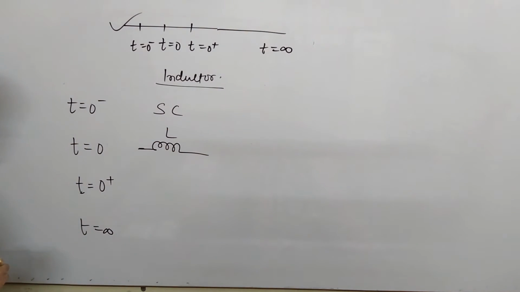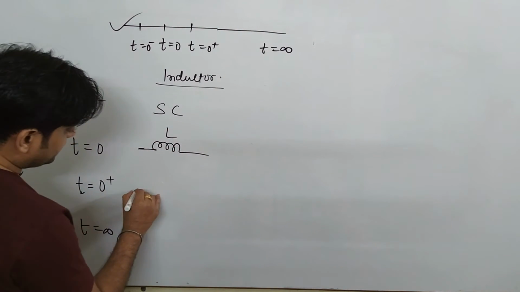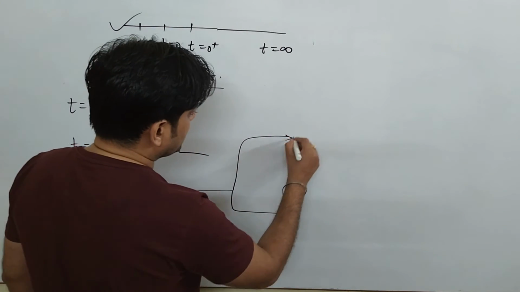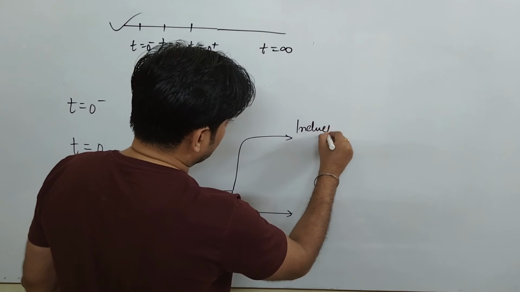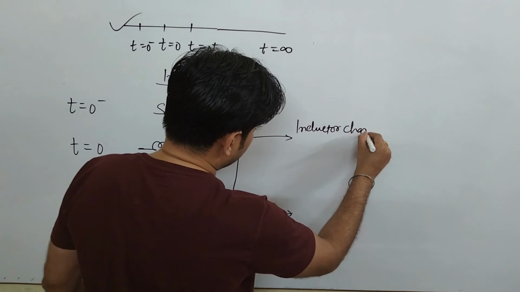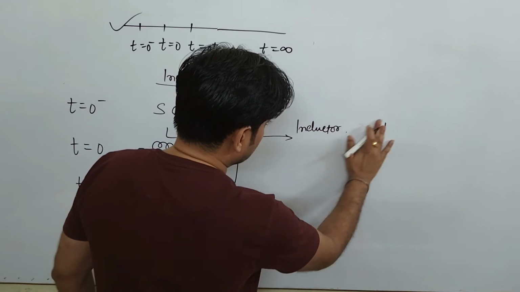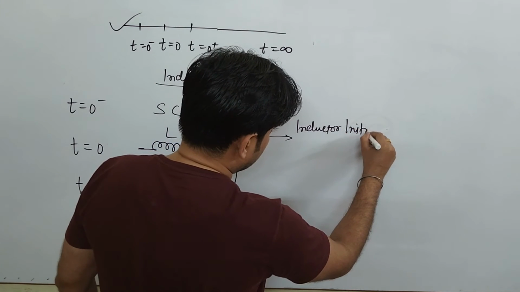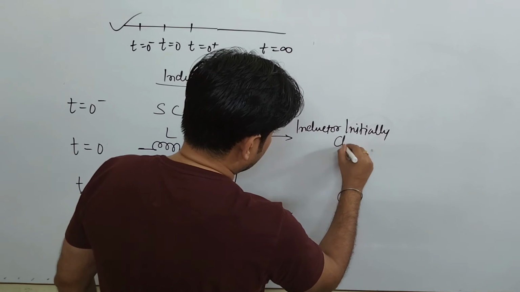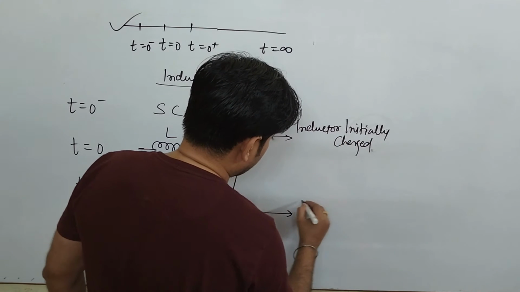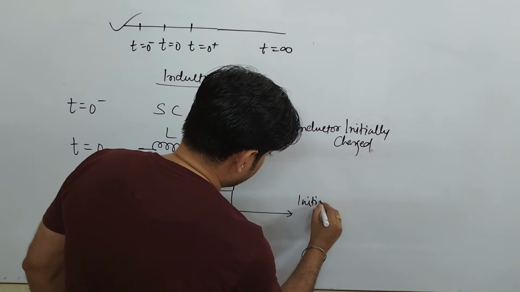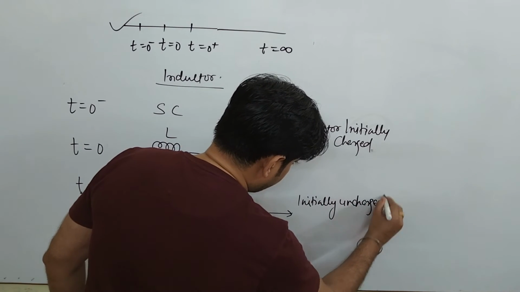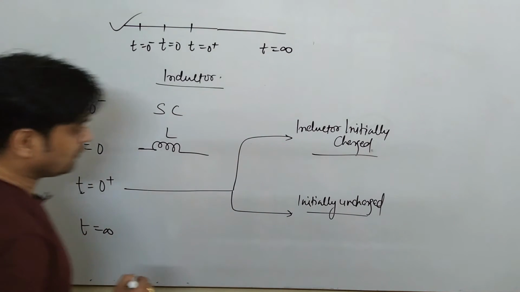Just to get the solution, if you talk about t equal to 0 positive, again there are two conditions: either the inductor is initially charged or initially uncharged. So these are the two conditions which we have to take care of.